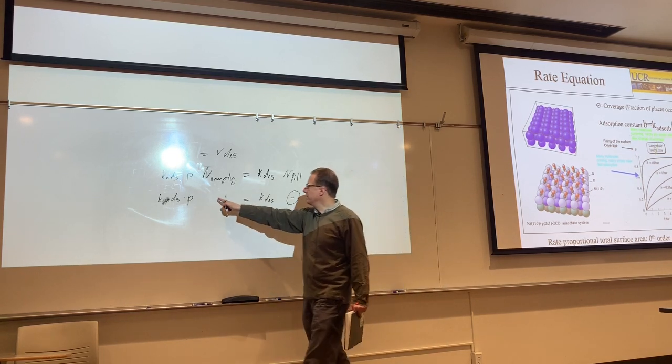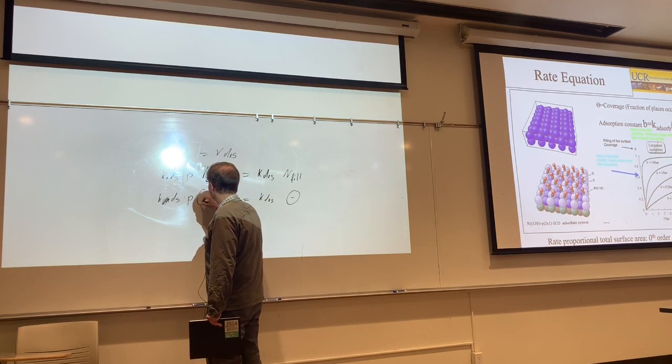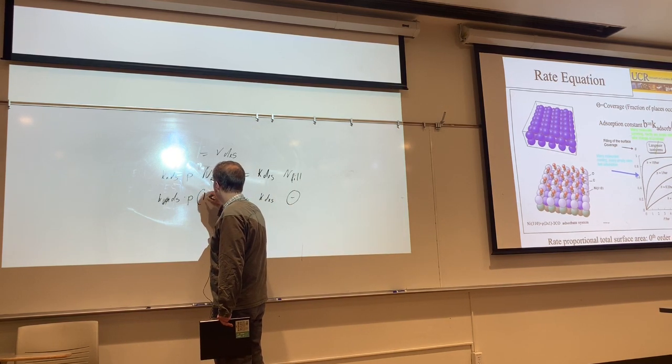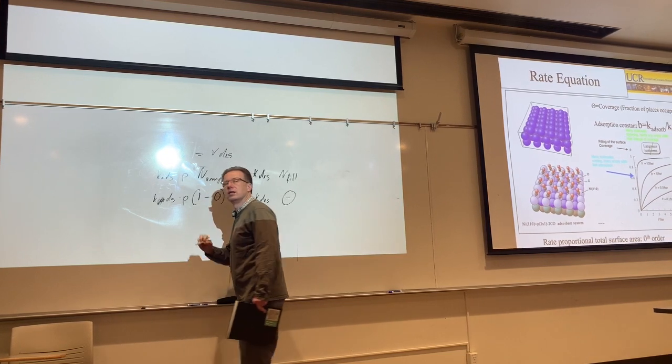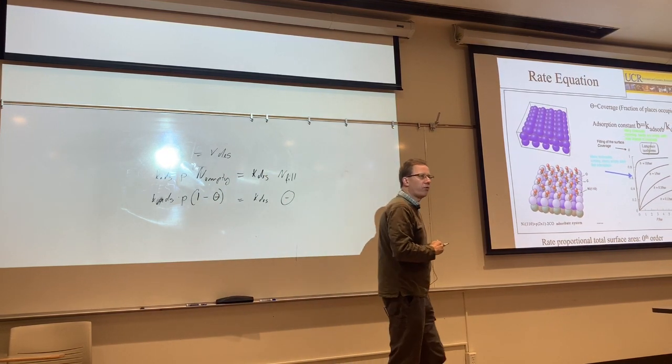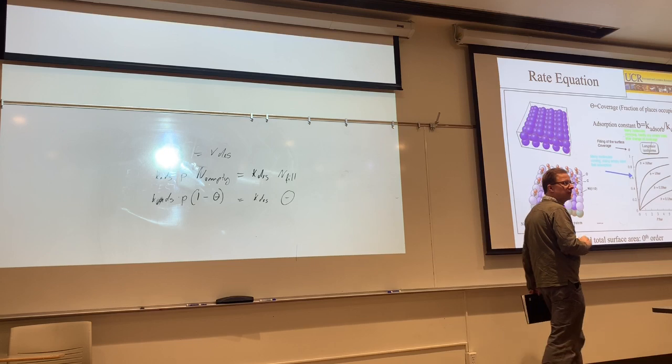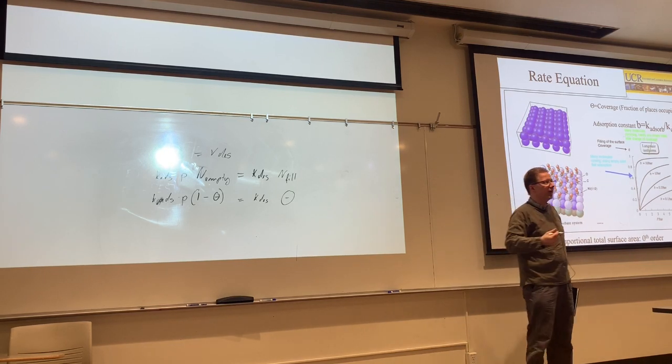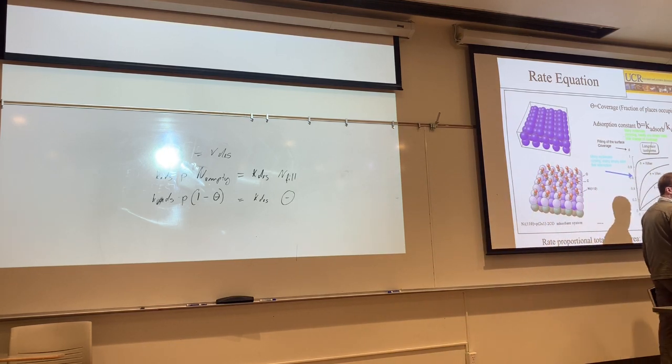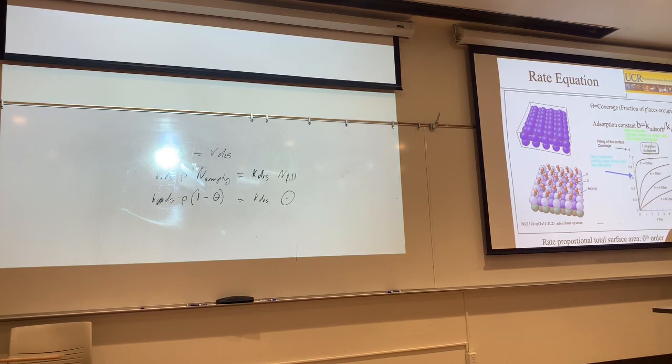So the number of empty sites over here is then 1 minus the coverage. The number of empty sites divided by the total number of sites is 1 minus the coverage. That's the empty sites, obviously.